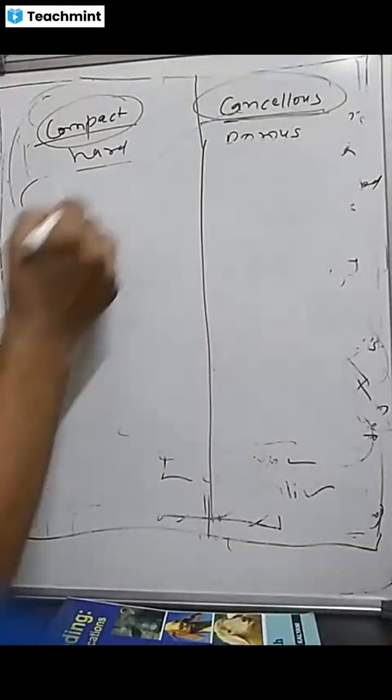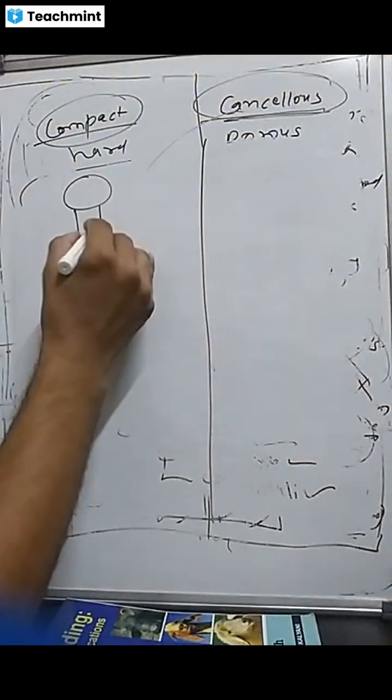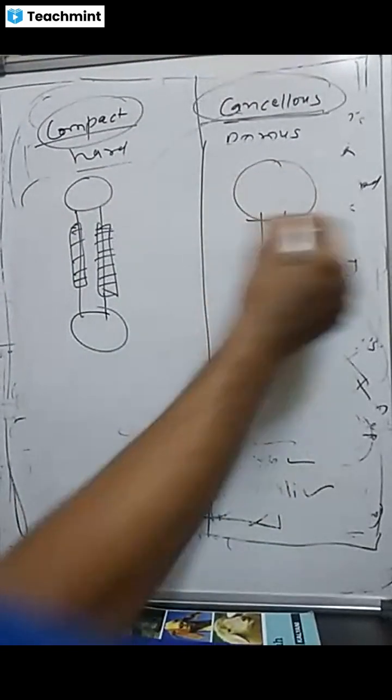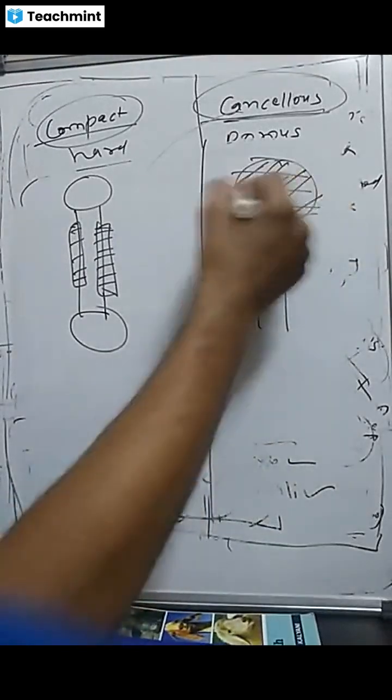This compact bone is having the Haversian system and everything, and this is called cancelli.